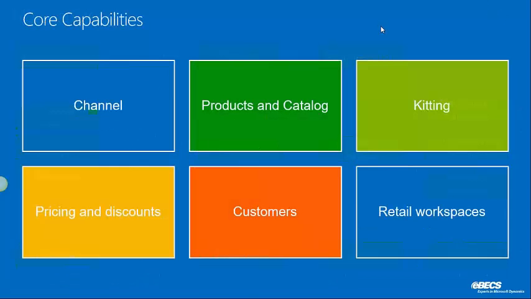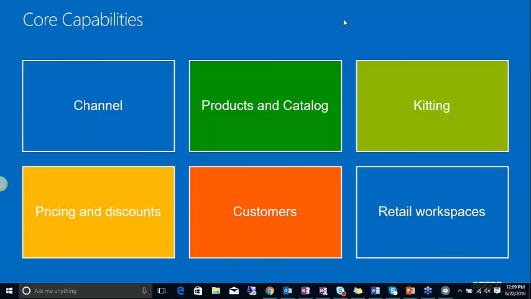And then next you have your kitting. This is when you have a bundle of products that you want to bring together, and you want to have a specific price for that bundle.